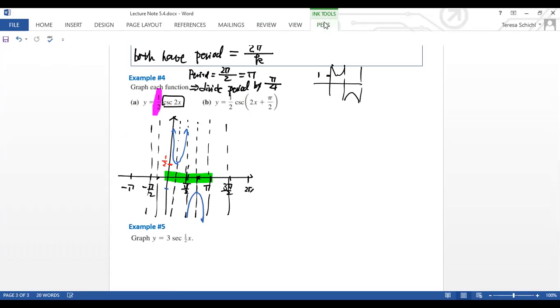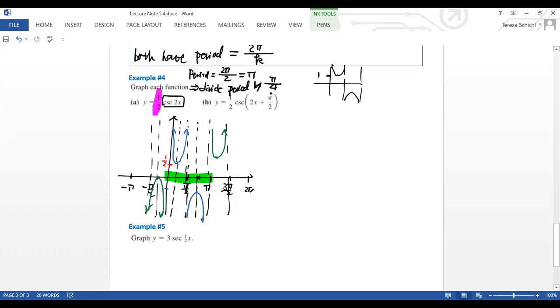So I repeat. So I finished here. This is how you repeat, right? So this is what your graph is going to look like. And for these ones here, this is how you repeat your graphs. All right.